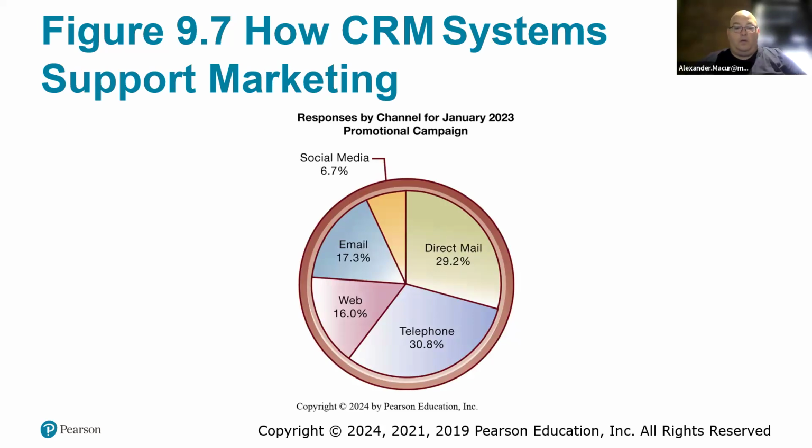So this slide was made in 2023, so last year, and we see we're still reaching our customers 60% in traditional methods, meaning direct mail and telephone, where web and email are 33% and social is about 7%.